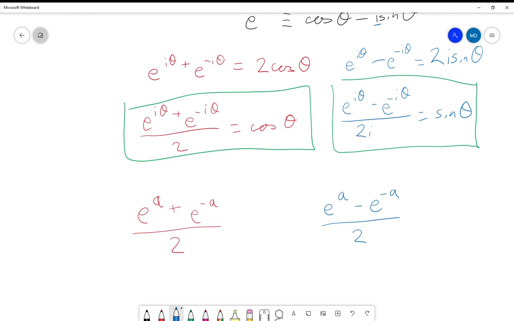For this we tend not to use theta, we tend to use a. These are what we call our hyperbolic cosine and our hyperbolic sine, written like this. The first is defined to be cosh a.